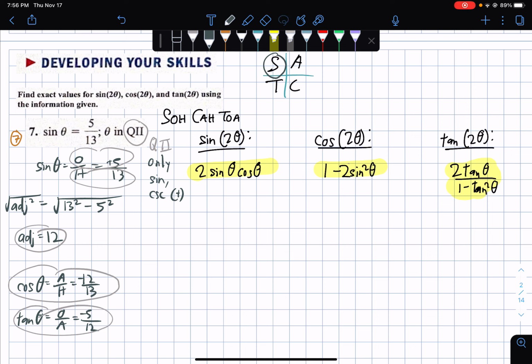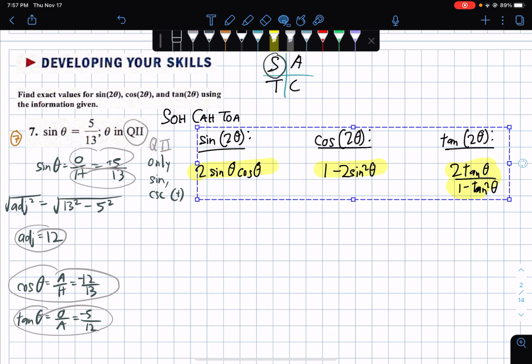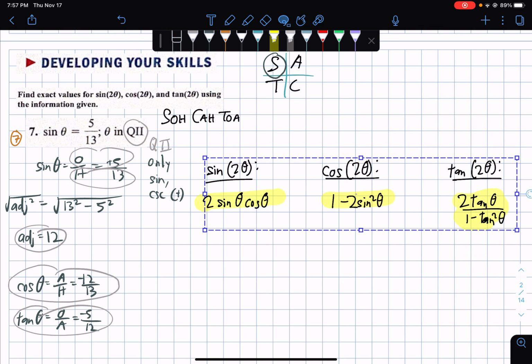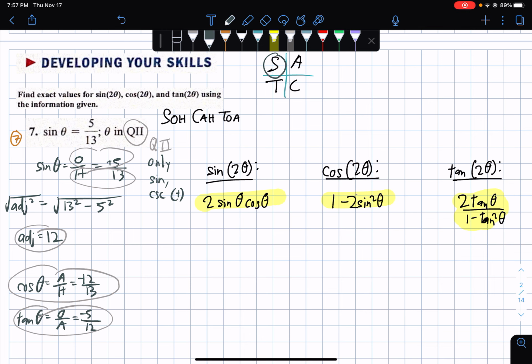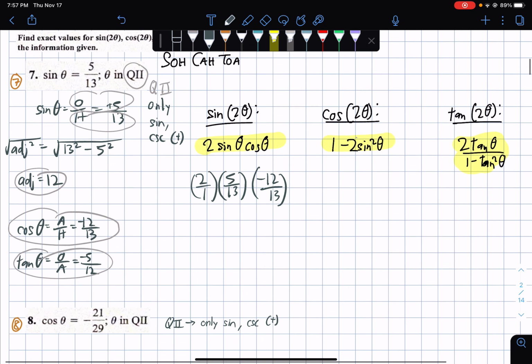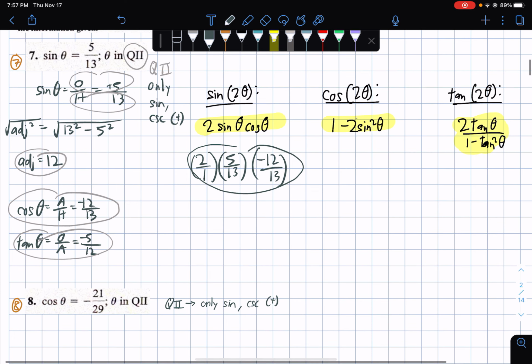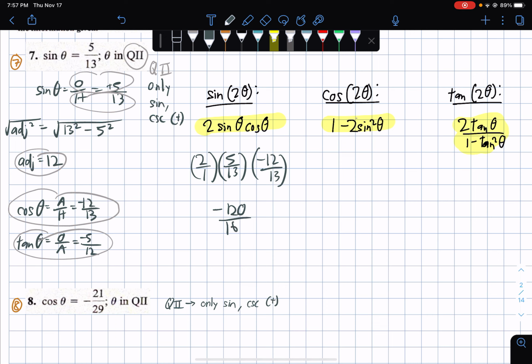So let's look for the double angle identities of number 7. Let's start with sine 2 theta. It's 2 times sine theta, which is 5 over 13, and cosine theta, which is negative 12 over 13. Put these values in the calculator and you'll get negative 120 over 169.